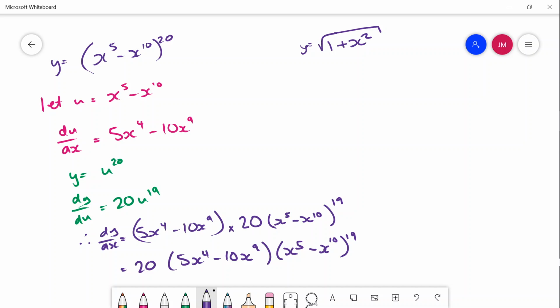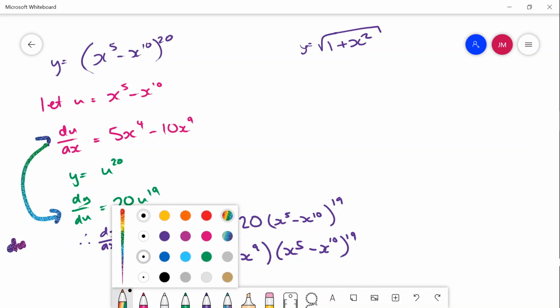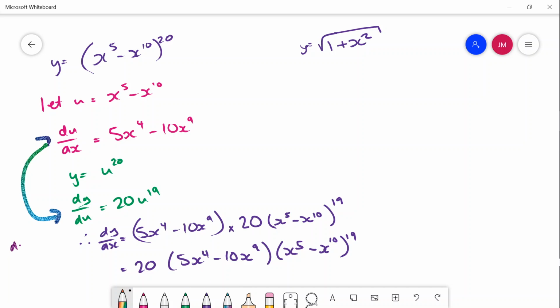So the derivative dy/du, and then multiply your two answers. So you're getting du/dx times dy/du equals your dy/dx.